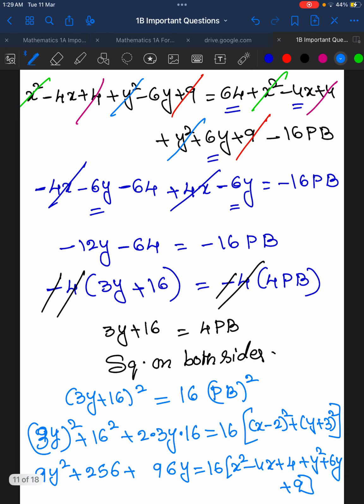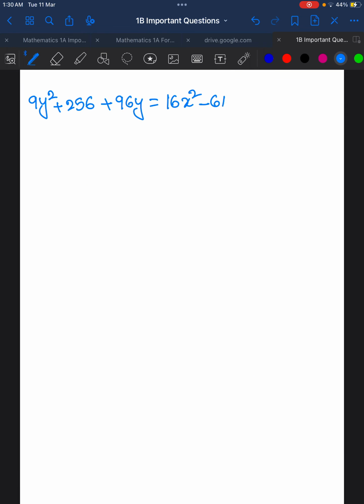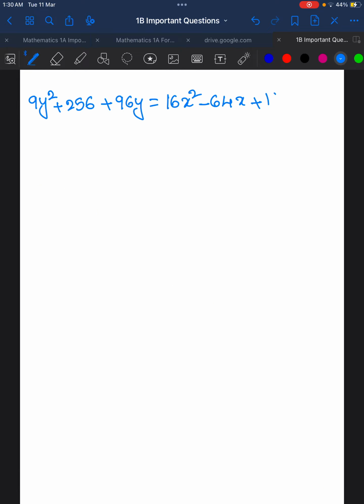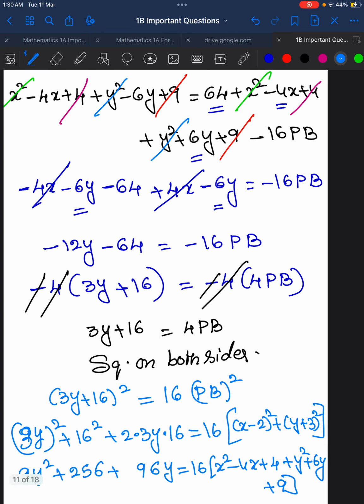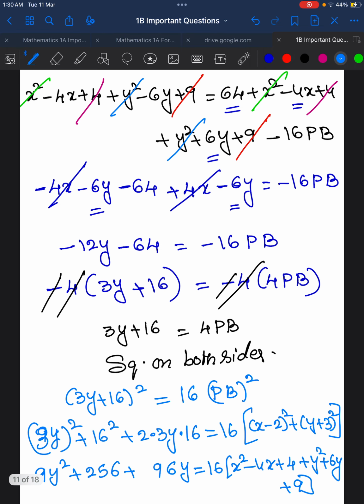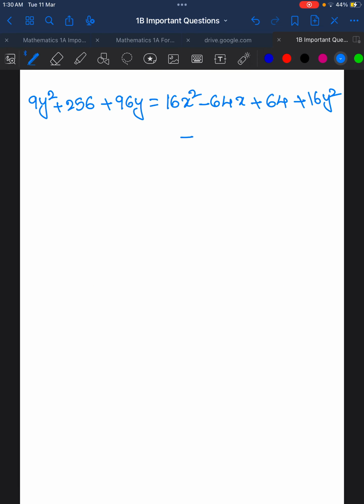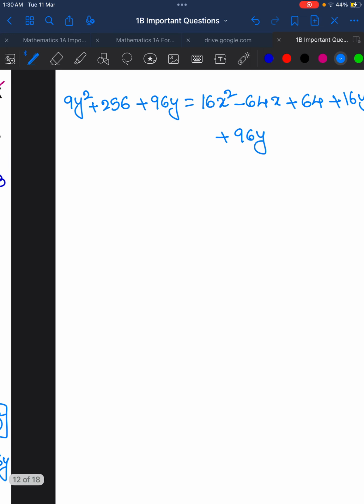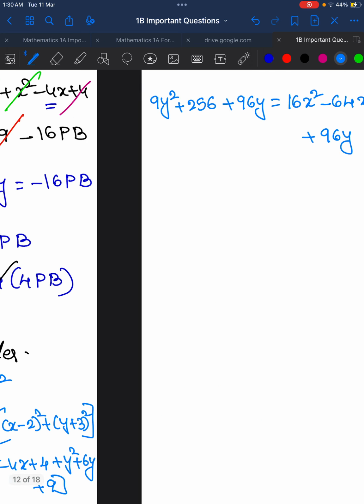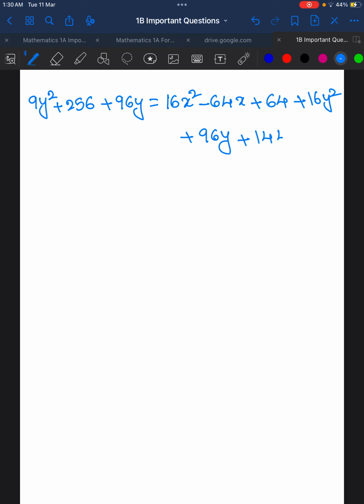Okay, 16 fours are 64, so minus 64x. 16 into y square plus 16 sixes are 96y. 16 nines are 144. We got it like this.